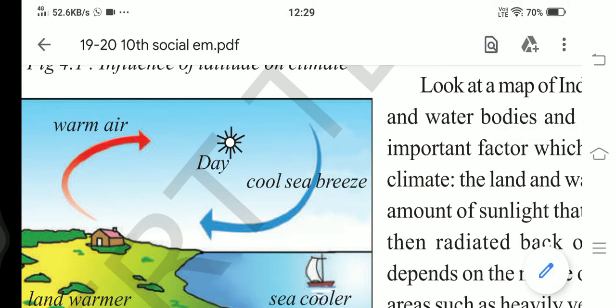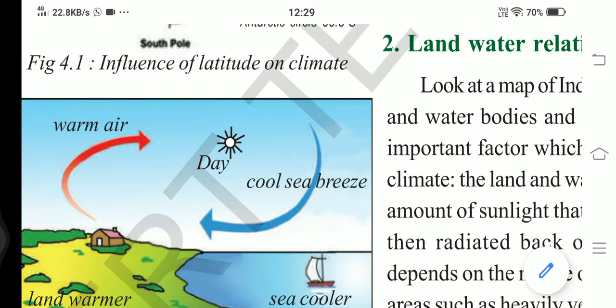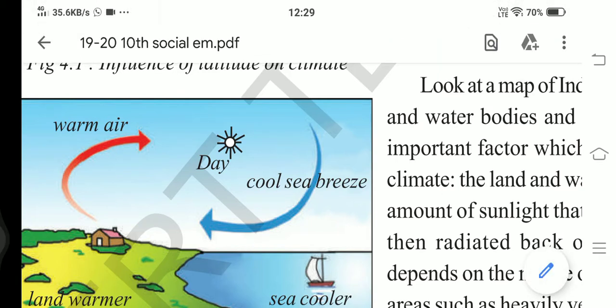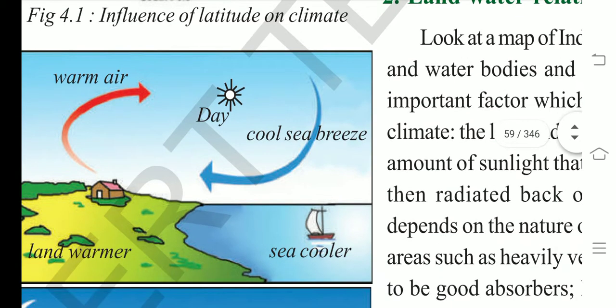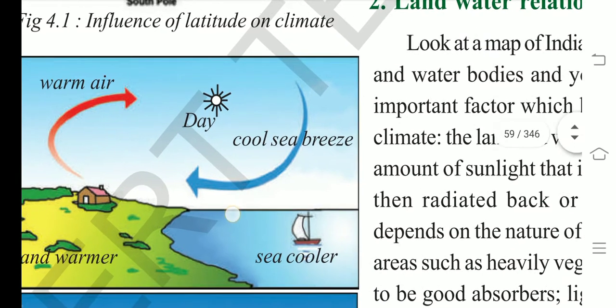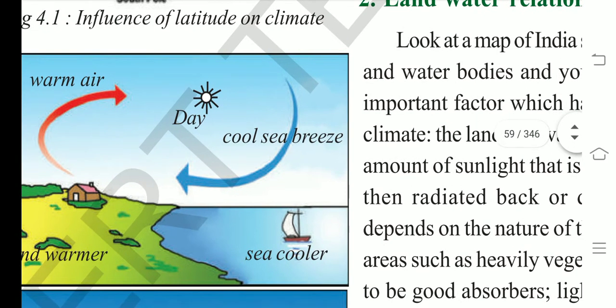So due to the difference in absorption of heat between land and water body, cool sea breezes form, and these blow from water bodies to land.